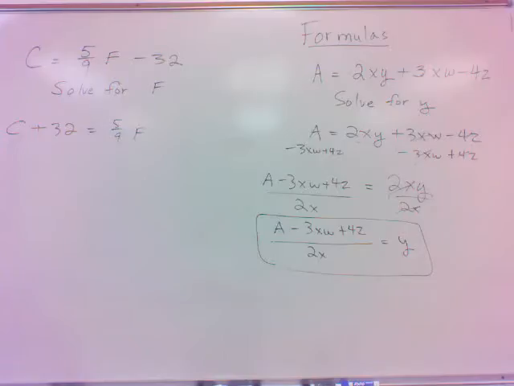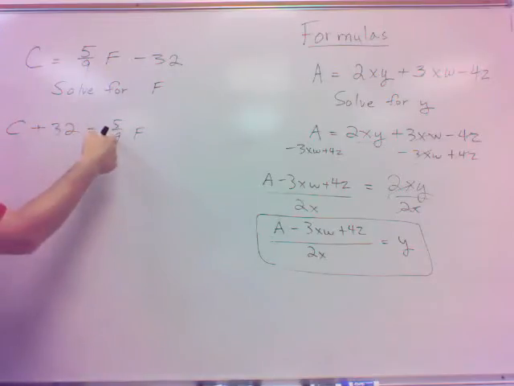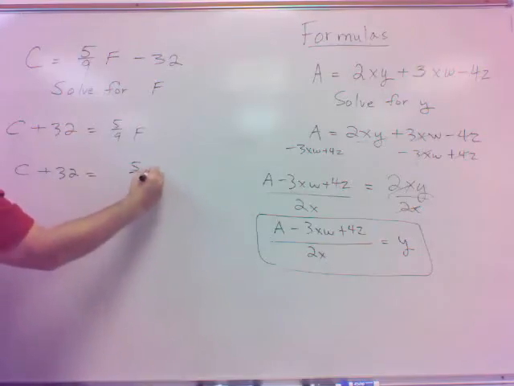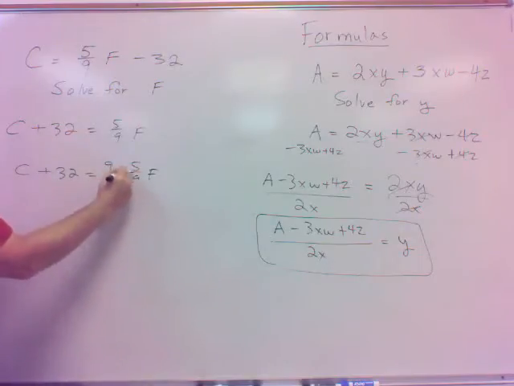but what I could do then to get F by itself, since that fraction is there, one way to get rid of it would be to just divide by 5/9, but the way to make it look a little nicer is to multiply by the reciprocal. So that's what I'm going to do here. I'm going to take my right side there and multiply by the reciprocal of 5/9.